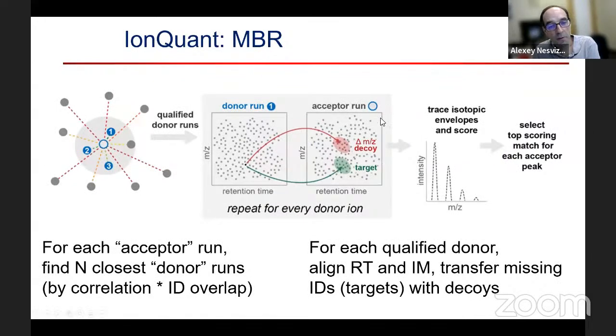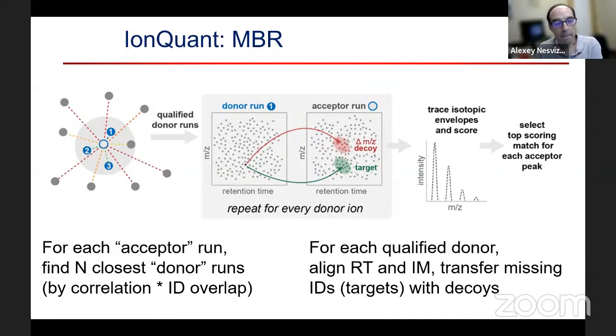The concept of match between runs is well established. In match between runs, you have a donor run and an acceptor run. The donor run is a run where we identified a peptide from an MS2 spectrum, that we did not identify in our acceptor run, and you would like to transfer that ID. You would like to find that MS1 peak through retention time and ion mobility, if it's timsTOF data, alignment from the donor run to the acceptor run.